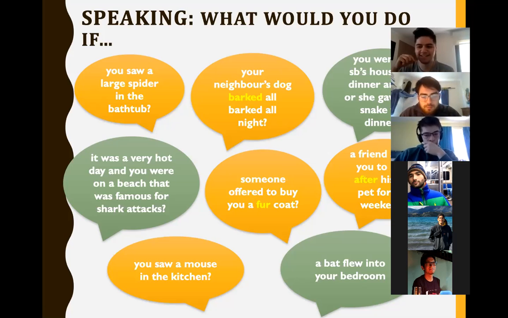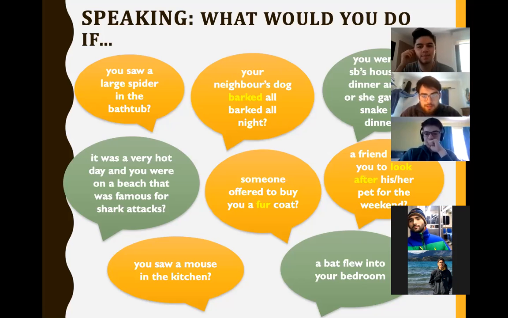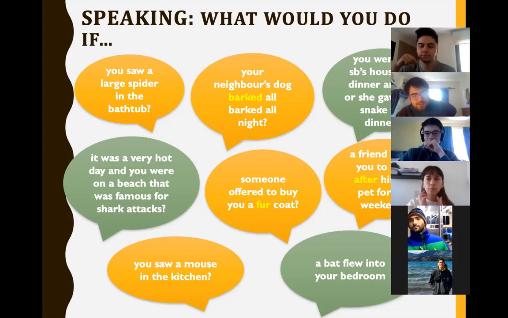Yeah, because it's interesting that the question says a mouse, not a rat. A rat's a different thing, right? Mice are smaller, but rats are bigger, and I think more dangerous, because rats can carry rabies, just like bats.